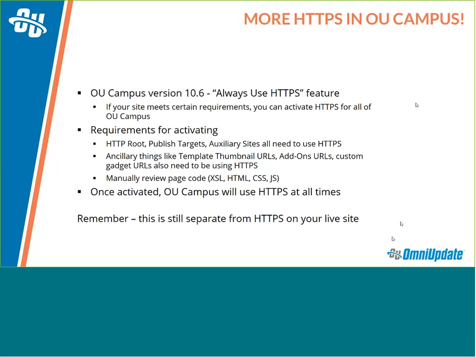We actually have another question here from Larry, and he's asking, will OU be offering an HTTPS checker for things that need to be switched over to HTTPS on my site? It just kind of depends in that sort of situation. It's hard for there to be an automated tool to validate which things need to be HTTPS versus which things don't need to be HTTPS. Because like I said, sometimes there will still be links that point to unsecured content, and that's okay because it's an external link that's referencing another page.